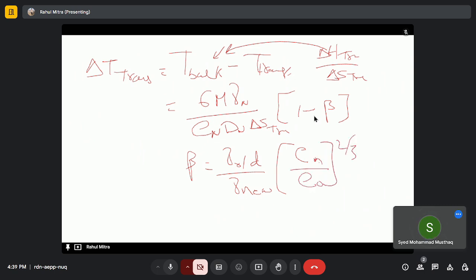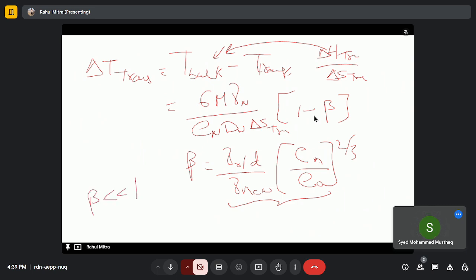And we also said beta is very much less than 1. What happens?